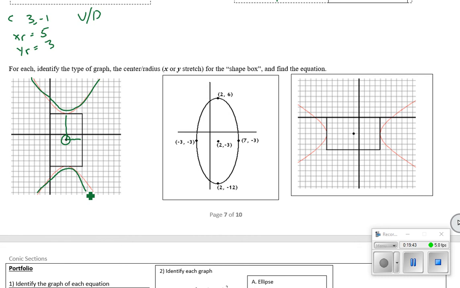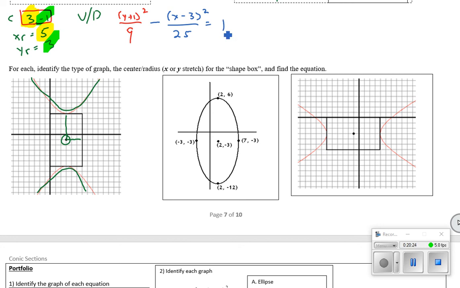If it opens up and down, which one is positive, the x squared or the y squared? The y squared. So, if my center is 3, negative 1, then my equation is going to be y plus 1 squared over 9 minus x minus 3 squared over 25 equals 1.